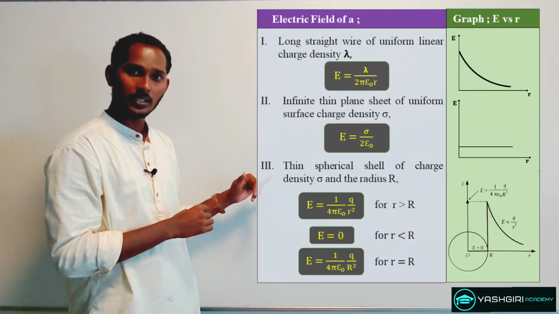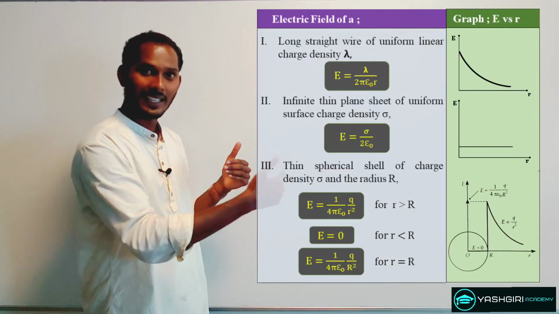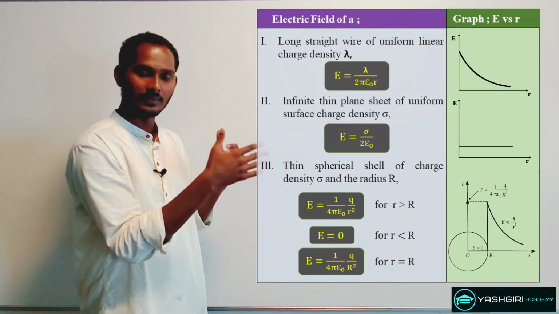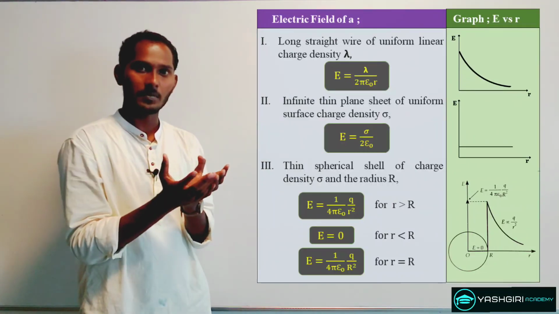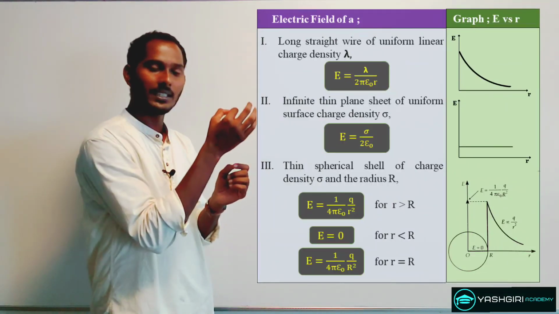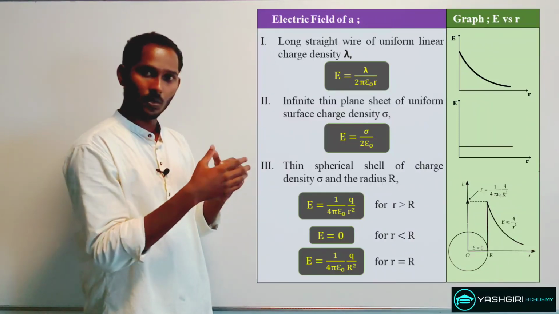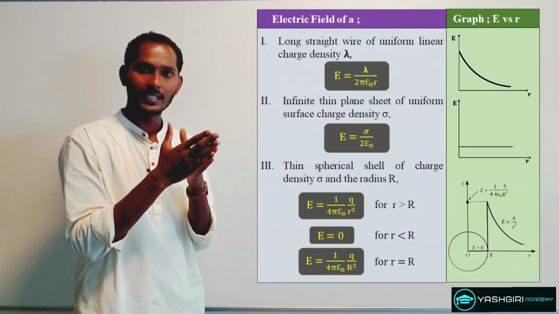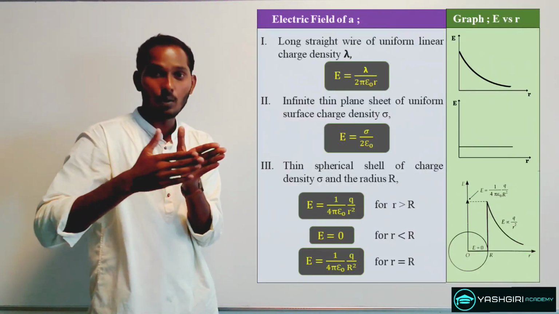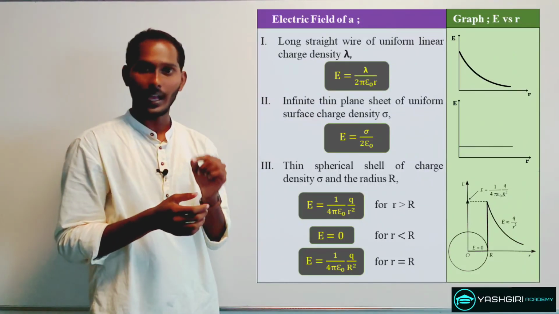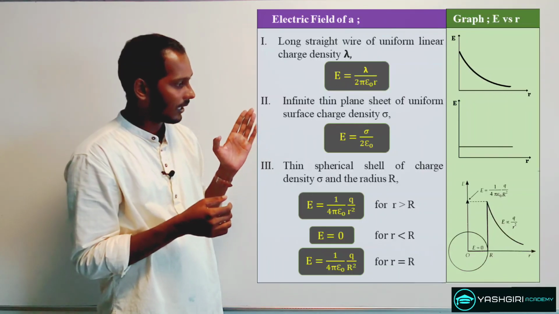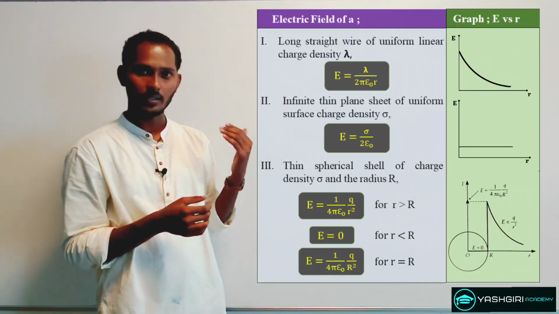In the third case, up till R the electric field inside the spherical shell is 0. But on the surface of the spherical shell, you will get this electric field. And as you start measuring the electric field outside the spherical shell, it will fall as 1 over R square. So that's the graphical representation of E versus R.